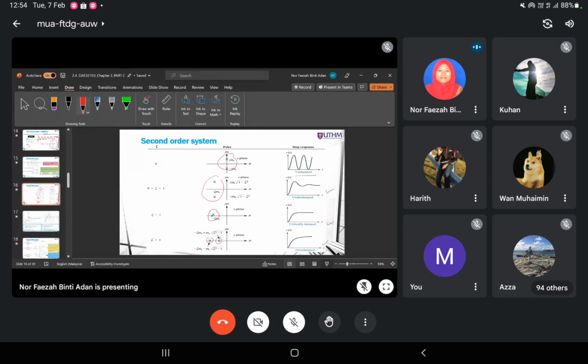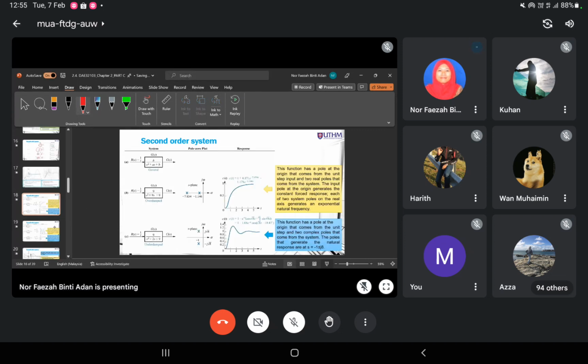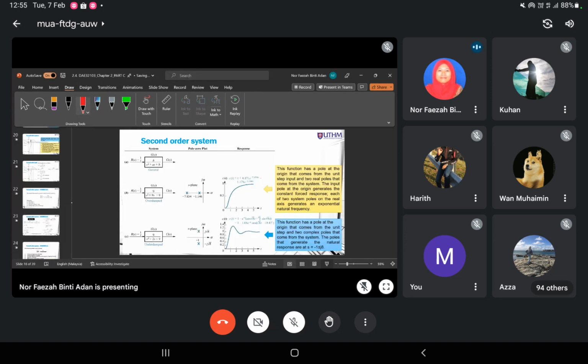So this is for a stable system. So kalau sistem yang unstable, kalau katalah saya letak satu lagi pole dekat right hand side, automatically semua sistem ni akan jadi unstable dengan kehadiran satu pole on the right hand side. So pole ni kalau nak stable mesti duduk belah kiri.